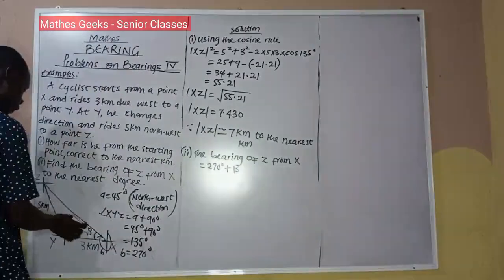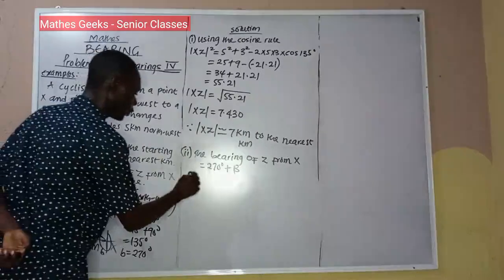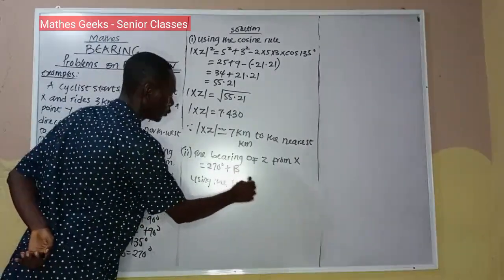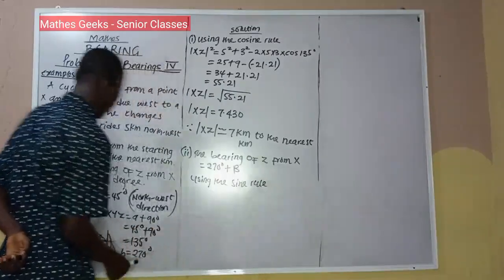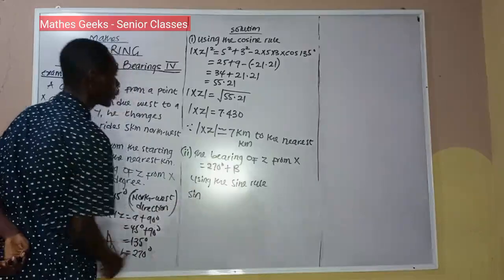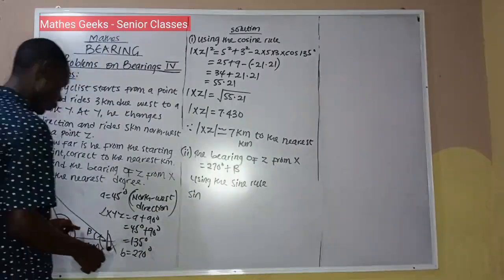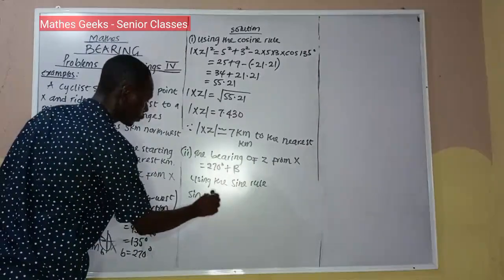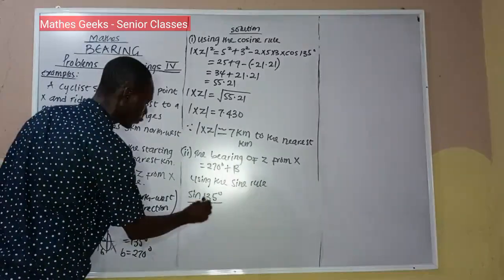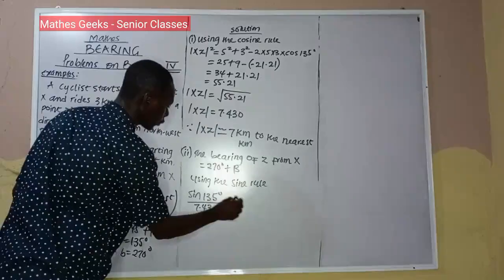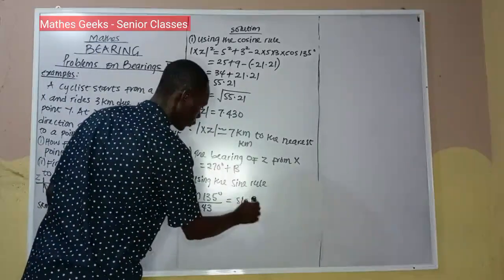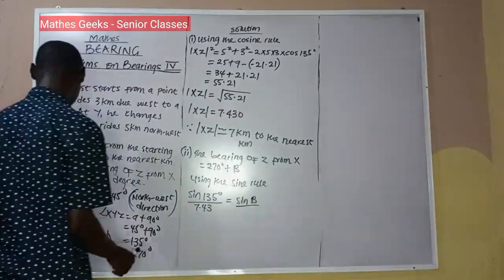So let's get the value of beta using the sine rule. Sine 135 degrees over 7.42 is equal to sine beta over 5.